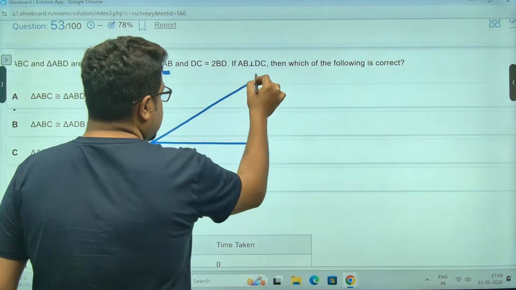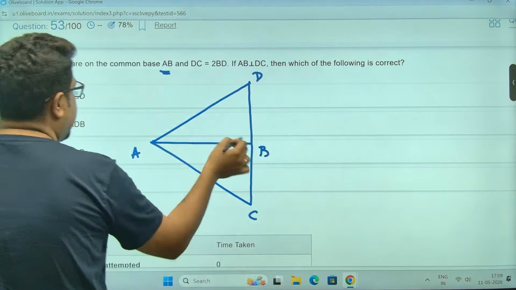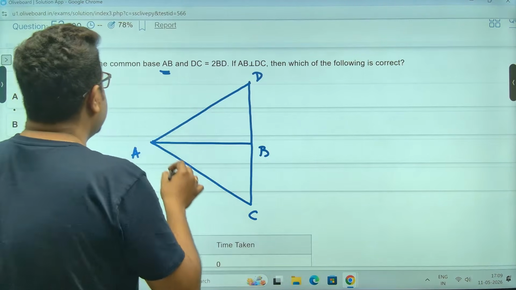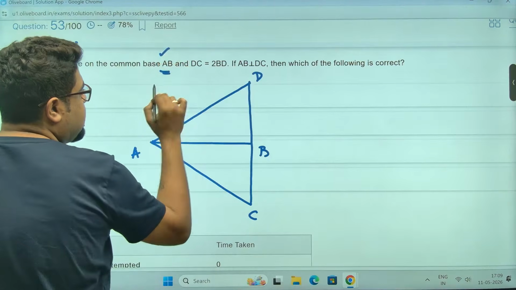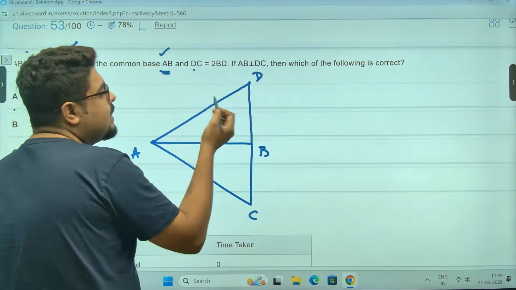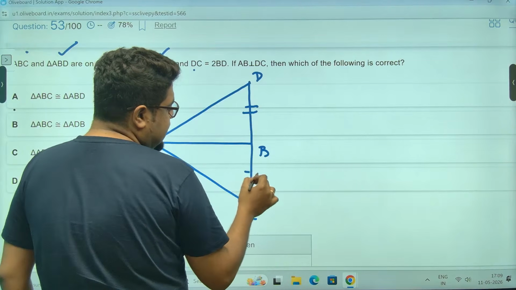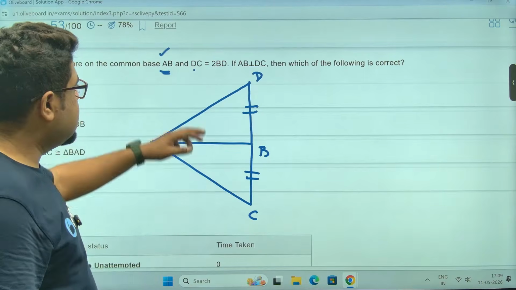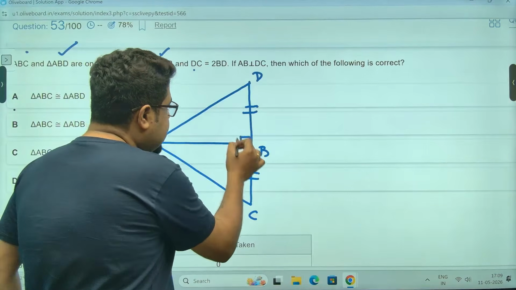This is D, this is C. So ABD and ABC, these two triangles are like this, with common base AB. DC is equal to 2 of BD. Meaning, sir, this is equal to this. That's why the total is double of this part. AB is perpendicular, 90 degrees.